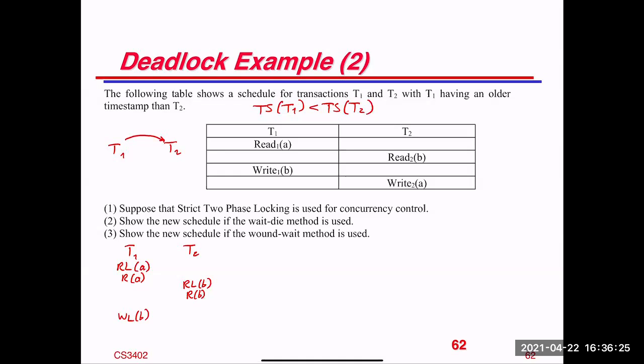And so now in transaction T2, we also try to execute the write on A, so we need to acquire a write lock on A. And now we have this edge here in our wait for graph, because transaction T1 has already acquired a read lock. All right, so you can see that we have a deadlock, right? So both of these transactions are waiting on each other now. And this is the point where we're going to use the wait die method as a first step. Okay, so let's see what happens here for the wait die method.